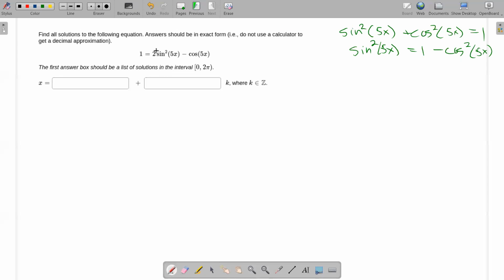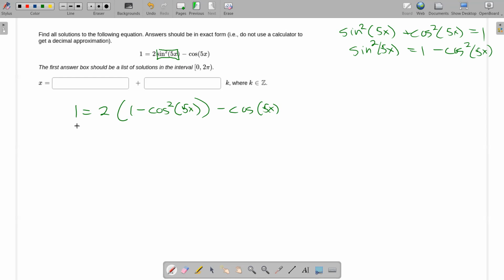So we're just going to substitute that out, with the 2 on the outside. Rewriting it, I get 1 equals 2 parentheses 1 minus cosine squared of 5x, close parentheses, minus cosine of 5x. Okay, so now I just have cosine, so this is doable.